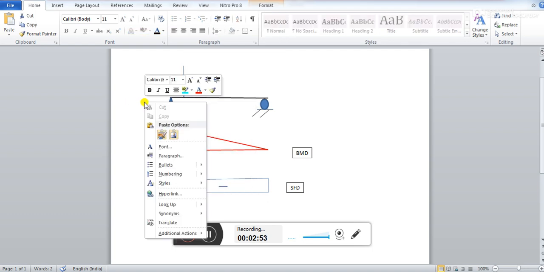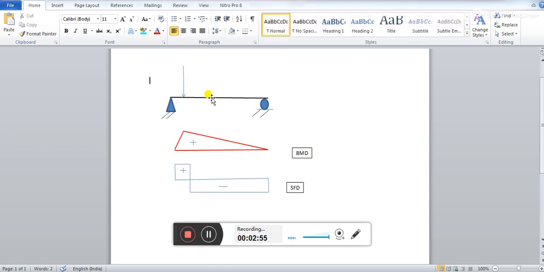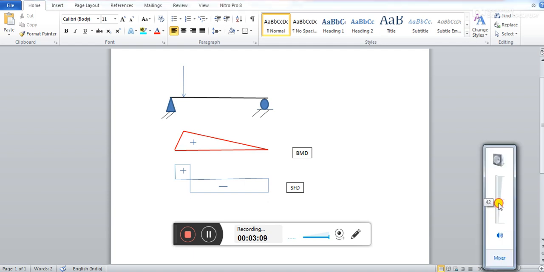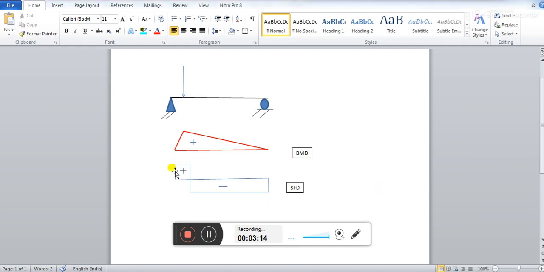When this point load is acting on the beam, the bending moment diagram will look like this, a triangular diagram, and your shear force diagram will look something like this: two rectangular parts, one side positive and another side negative.